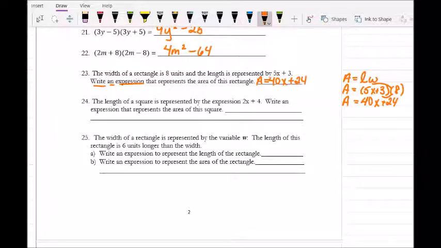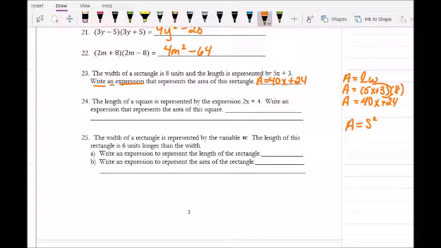Okay, number 24, the length of a square is represented by the expression 2x plus 4. Write an expression that represents the area of the square. Okay, so for a square, let's remember the area formula is side squared.